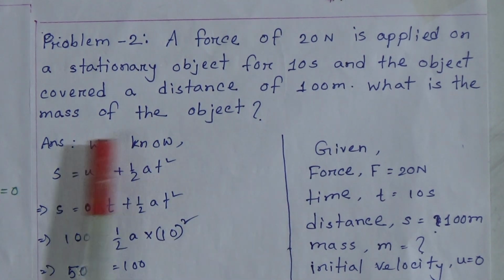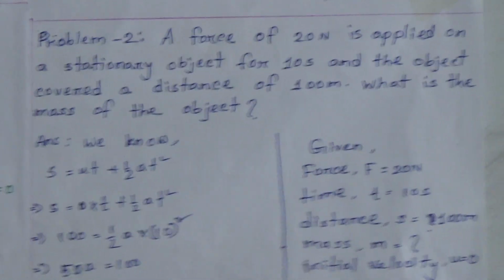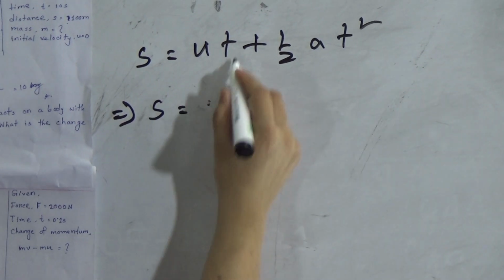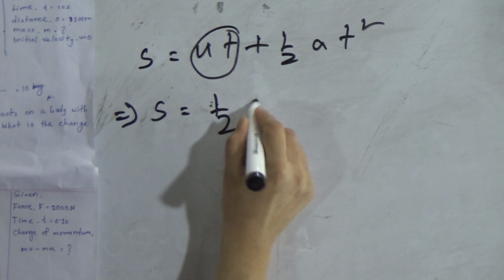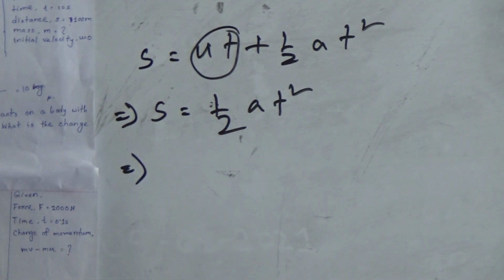We have to find out the mass, and at first we have to find out the acceleration. So s equals ut plus half a t square, and u is 0, that's why this part will be 0, and s equals half a t square. We have to find out a.